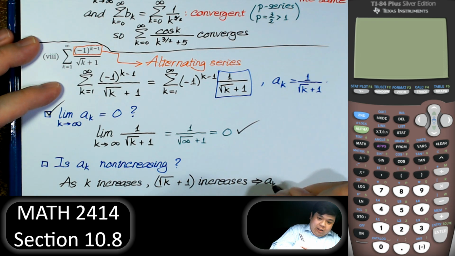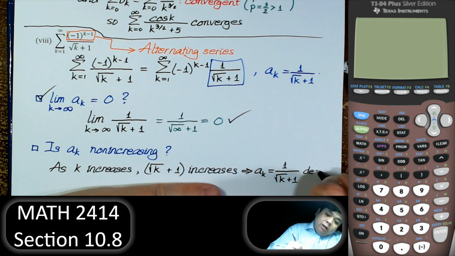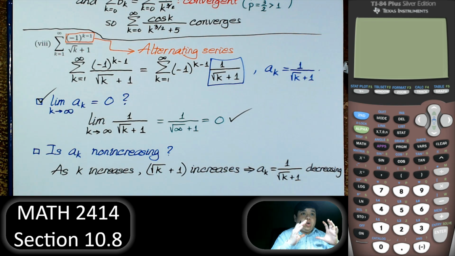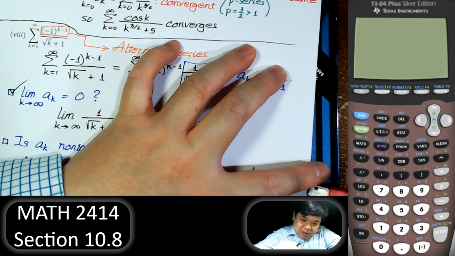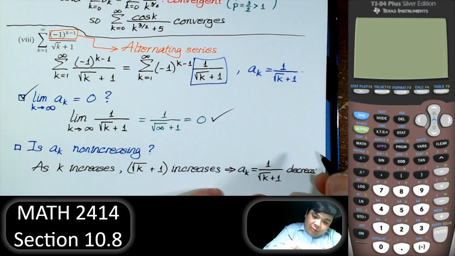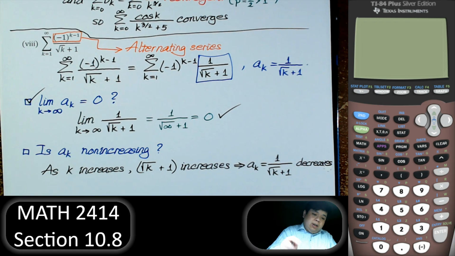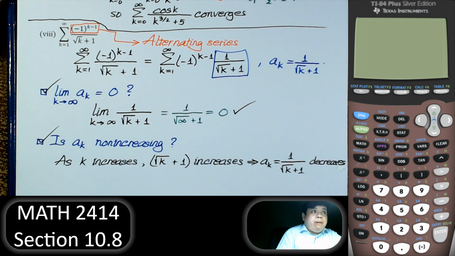So h of k equal to 1 over square root of k plus 1 decreases, because bigger the bottom, smaller the quotient. The quotient getting smaller. So yes, decreases is non-increasing, which is good.